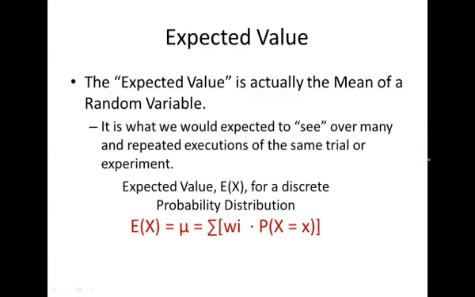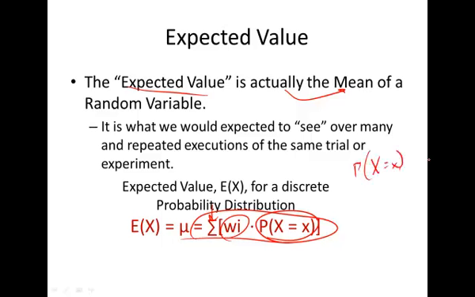As I mentioned, the expected value is actually the mean of the random variable. This notation means a summation, and we're multiplying 2 numbers together. If I say P capital X equals little x, what I'm saying is the probability that the random variable has a particular value. Little x could be 0, 1, 2, 3, 4, 5, and so on.